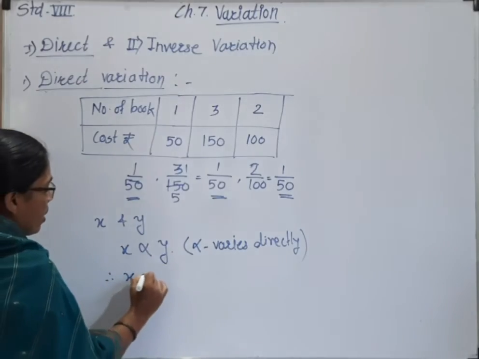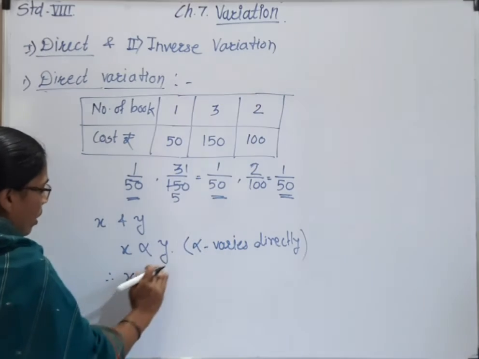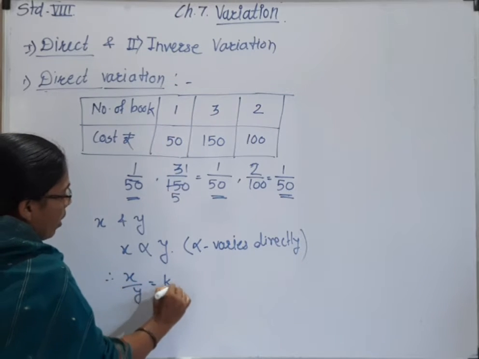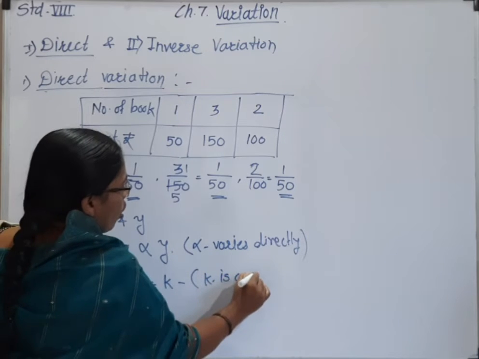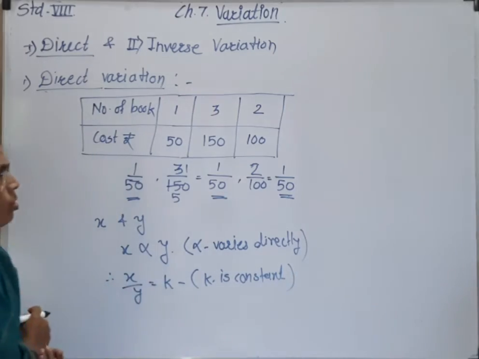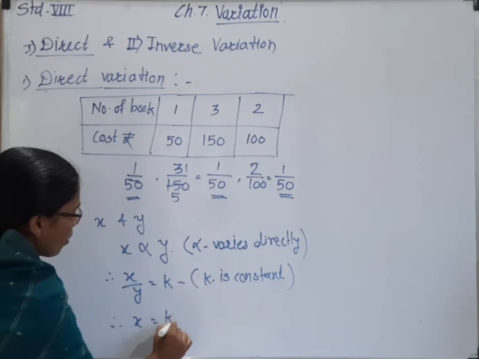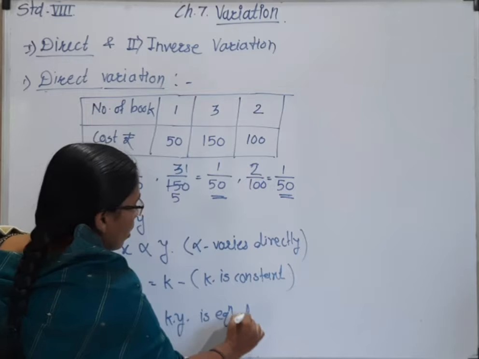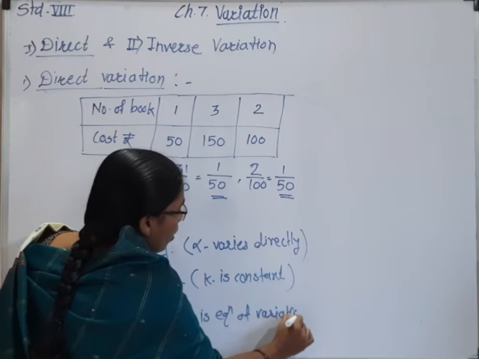Therefore x is equal to k into y, or x upon y is equal to k, where k is a constant. K is the constant of variation, or constant of proportionality, and x is equal to k into y is the equation of variation.